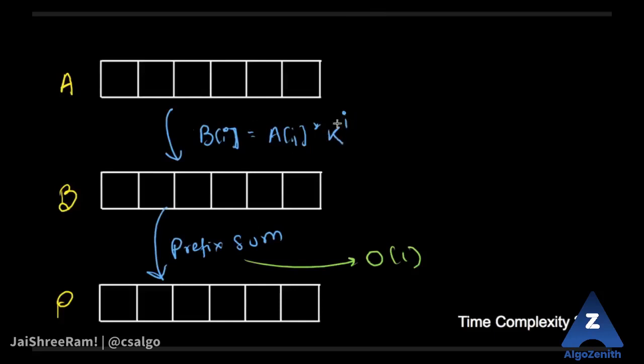We can maintain k to the power I in a looping fashion. Whenever we loop, we keep increasing the power of k, and we can just multiply and get the B value in order n. And then if we build a prefix sum, we can get the sums in order 1. So this takes order n, this takes order n, and then for every query it will take order 1 to get this summation.